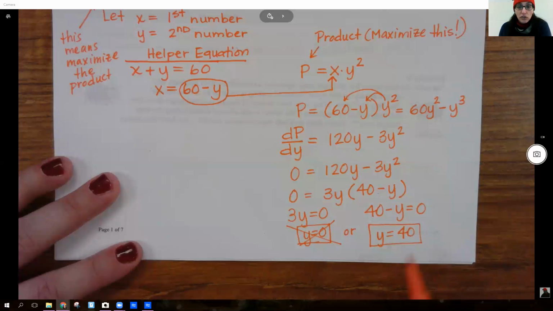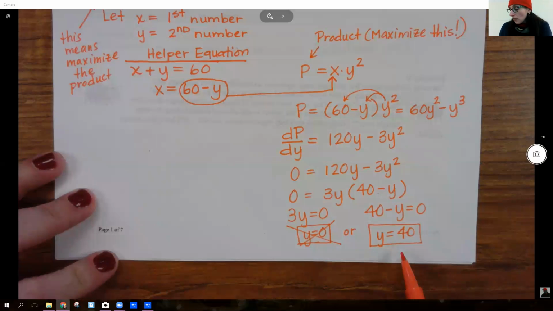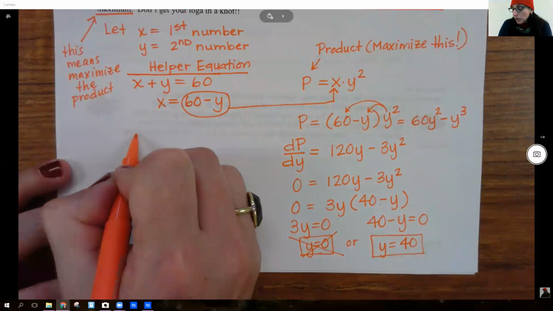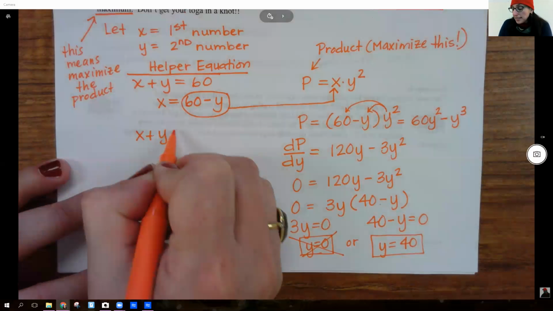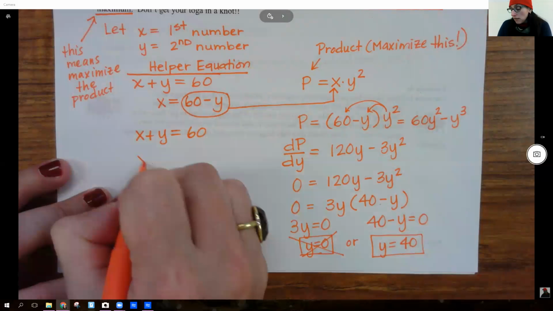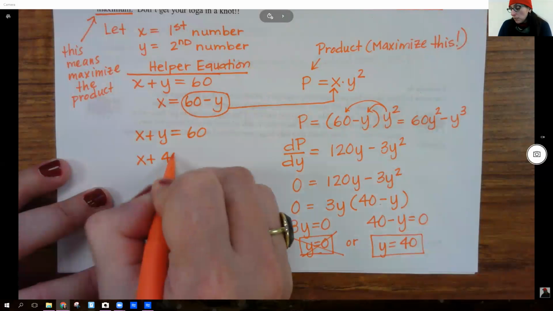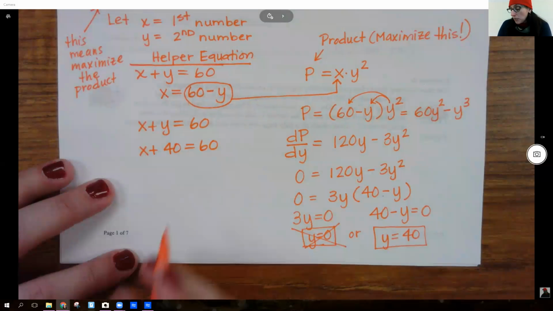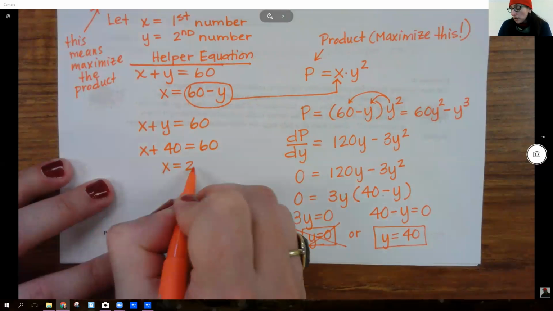It's the only critical value, so you don't have to check if it's a max or a min. It'll end up being a max if you do the number line. But since this is the only one, it's not necessary to do the number line. So if y is 40 and we know x plus y has to add up to 60, x plus 40 adds up to 60, so x must be 20.